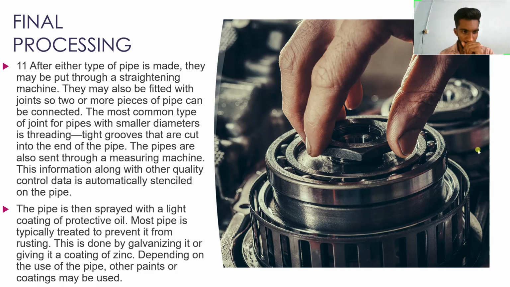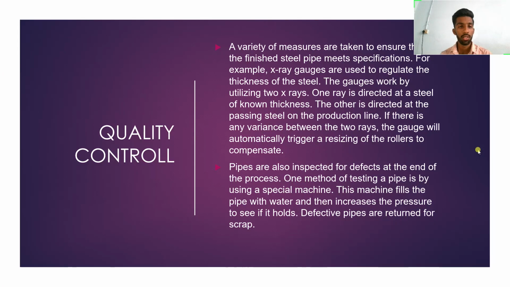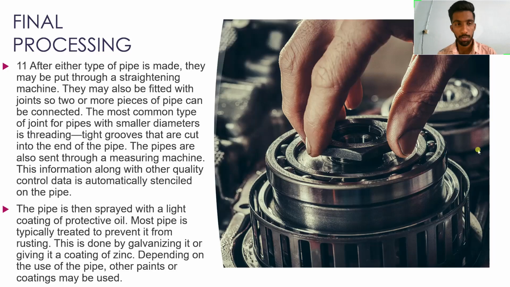This information, along with other quality control data, is automatically stamped on the pipe. The pipe is then sprayed with a light coating of protective oil. Most pipe is typically treated to prevent it from rusting. This is done by galvanizing it, or giving it a coating of zinc. Depending on the use of the pipe, other paints or coatings may be used.